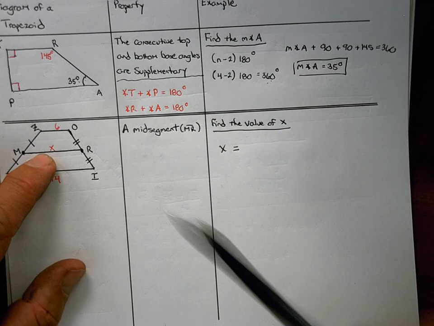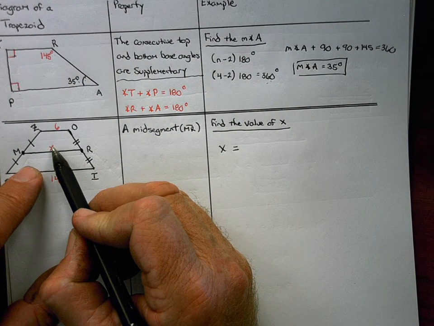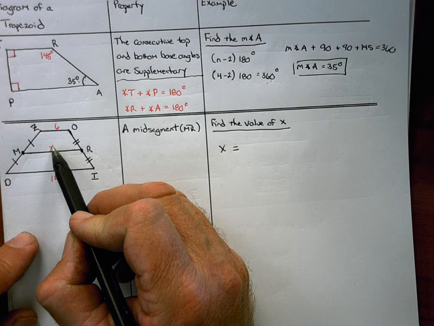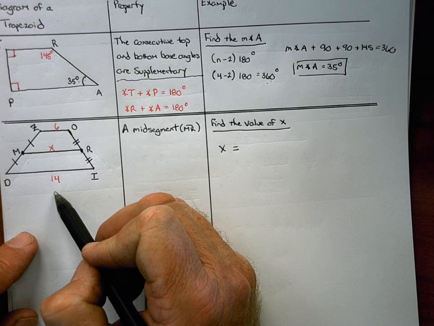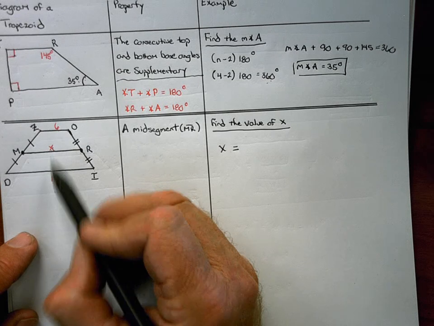Think about it. If M to R has 10, is 10 right in the middle between 6 and 14? Yeah, because 10 would be 4 away from 6 and also 4 away from 14.